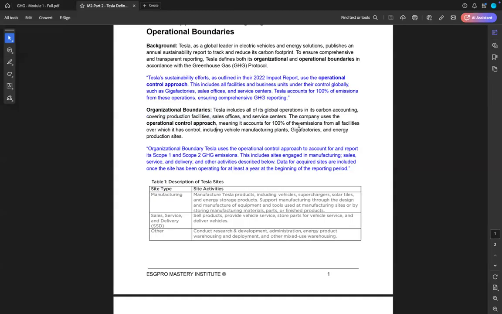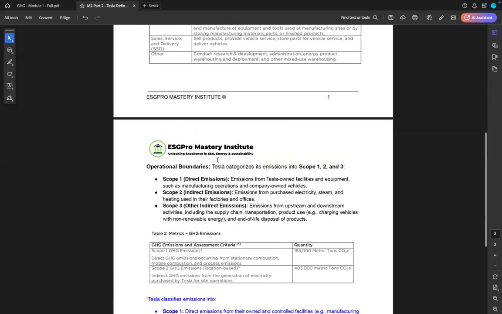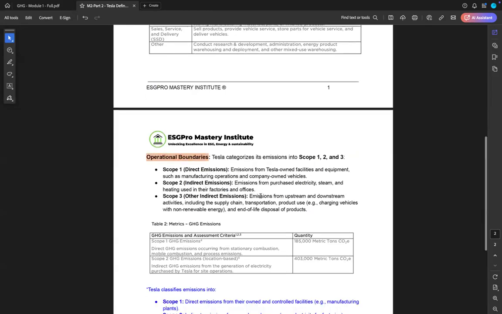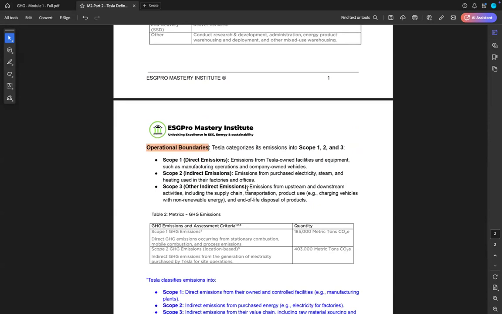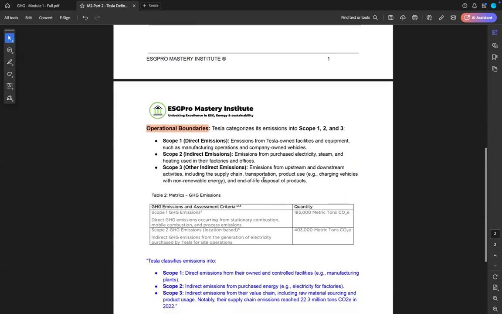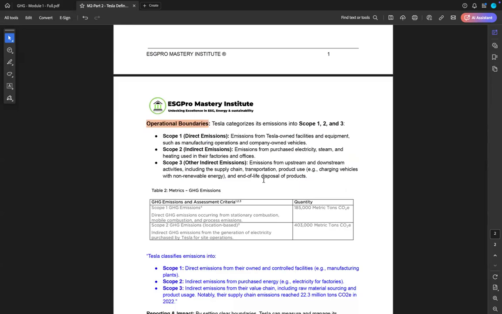In operational, they included gigafactories, sales offices, service centers, etc. And in organizational boundaries, where they also accepted the operational control approach, they accounted for 100% of emissions. In that, they included all the sites engaged in manufacturing, sales, services, delivery, and others. Others consist of R&D, administration, energy product warehousing, and mixed-use warehousing.